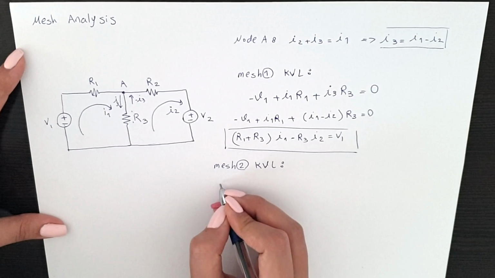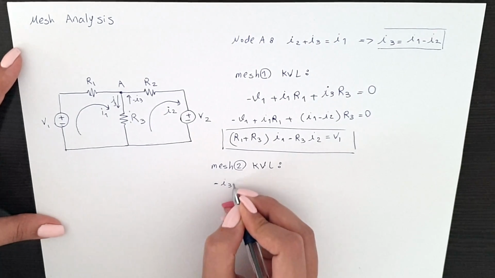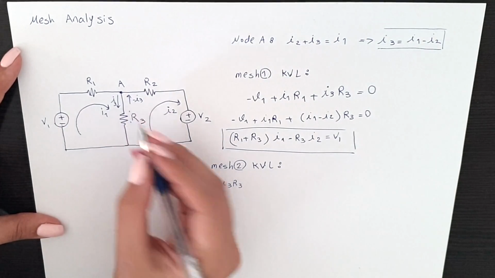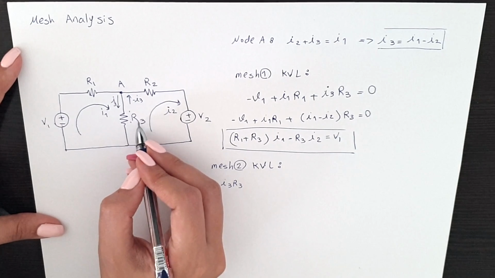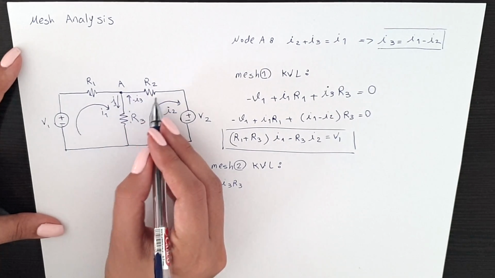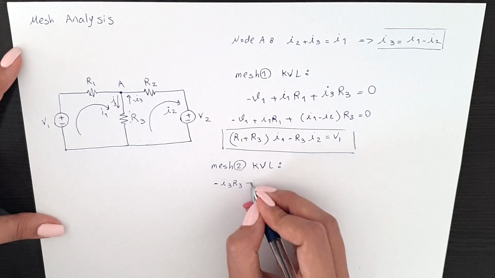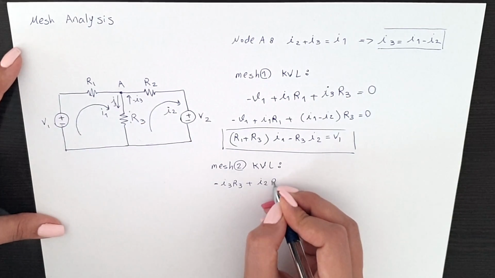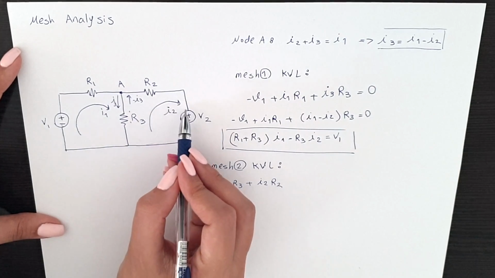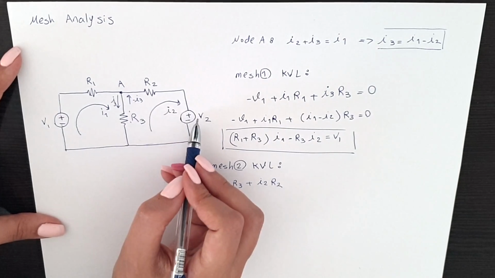If we add a minus to a current, only the direction will change, the number will not change. So we say minus I3 R3, the current in here multiplied by the resistance. Then we come here, we find this resistance and its current, it's I2, so it's plus I2 R2. Here you see we have a voltage source.